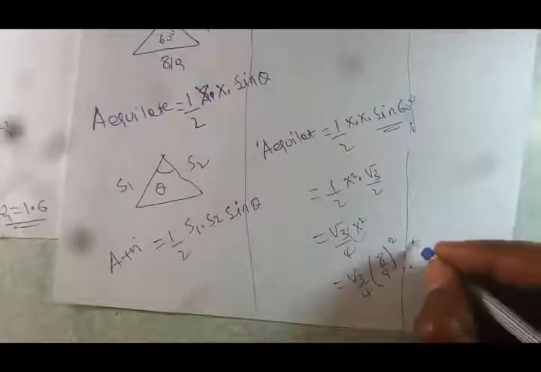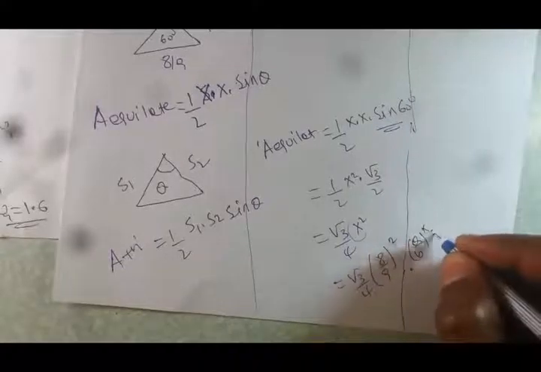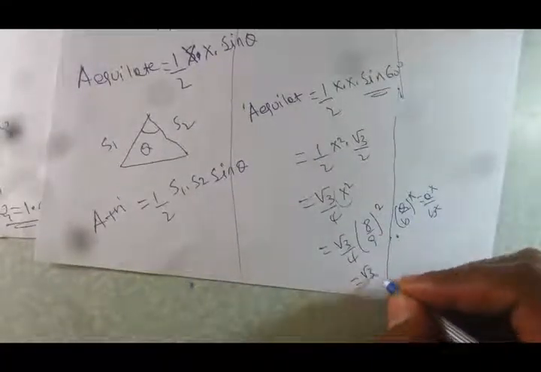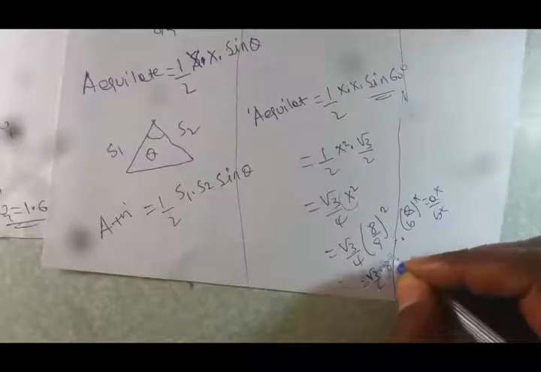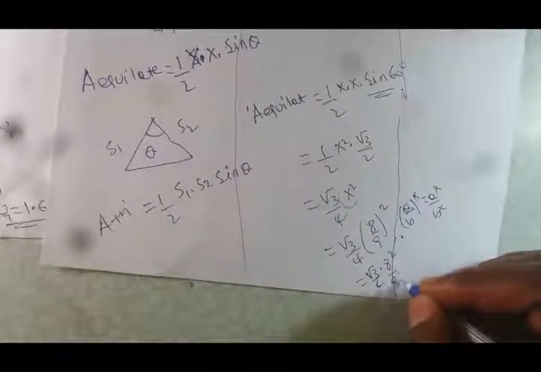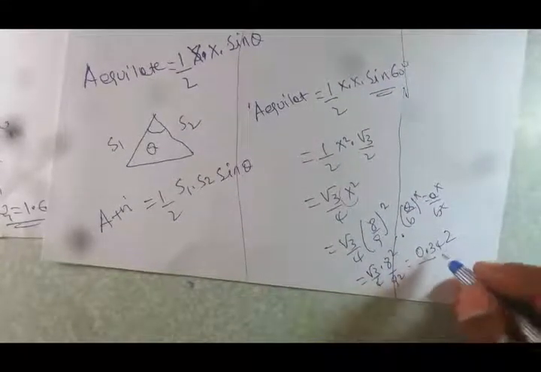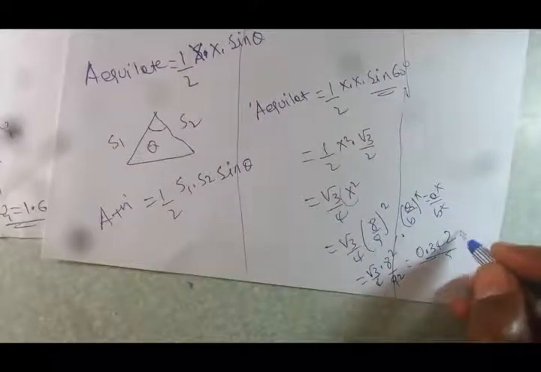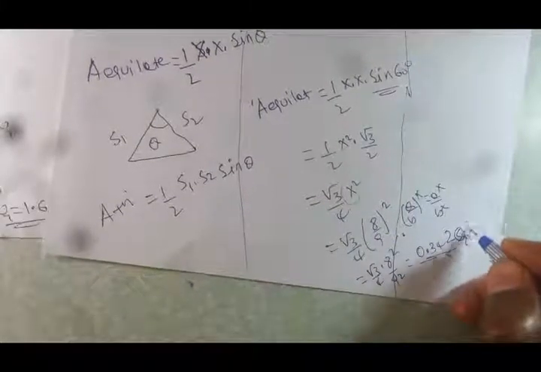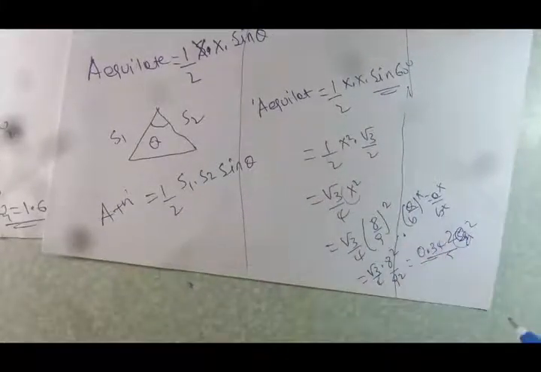And we know that when a over b is raised to x, it is equal to a raised to x over b raised to x. Therefore, this is equal to root 3 over 4 times 8 squared over 9 squared. This is equal to 0.32 centimeter squared, or units squared.